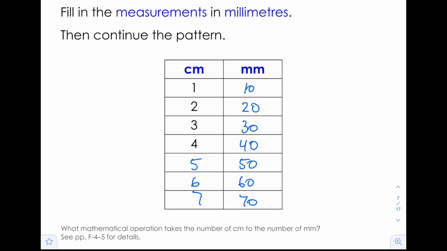So basically, to get from centimeters to millimeters, we take that number and multiply it by 10. So for example, 5 centimeters times 10 is equal to 50 millimeters.